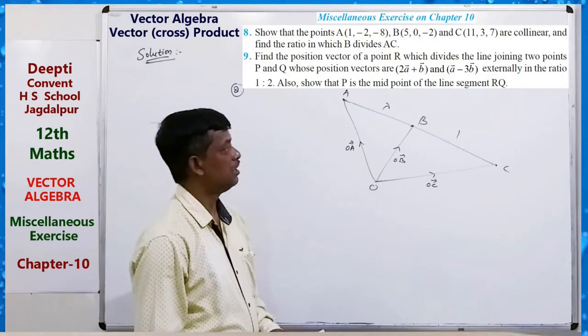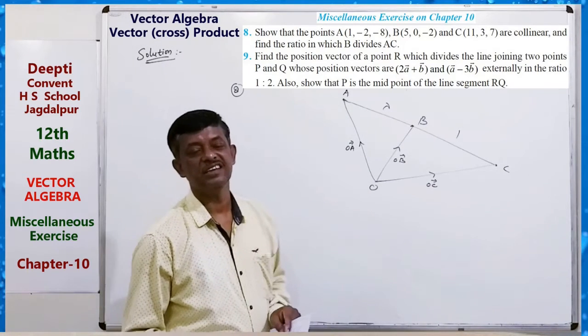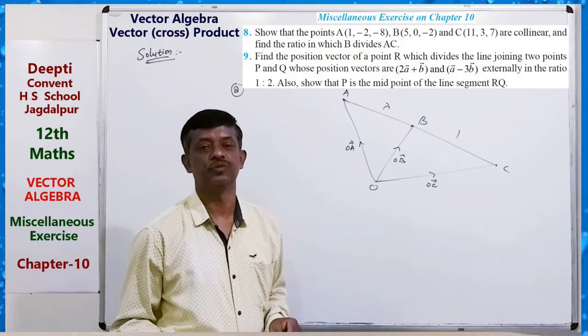Suppose B divides AC in the ratio lambda to 1.